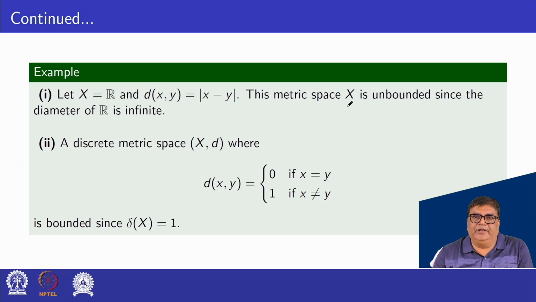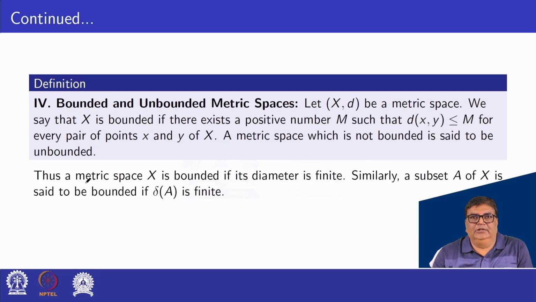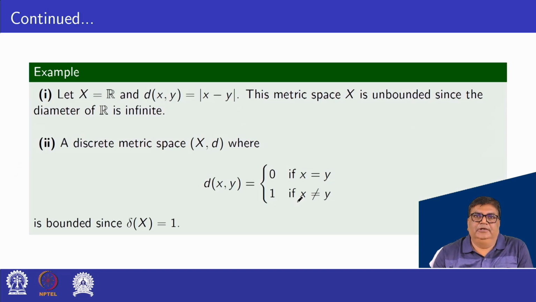This metric space is unbounded since the diameter of R is infinite. The metric space X is bounded if its diameter is finite, otherwise unbounded. So, if X is equal to R, then the metric space X is unbounded.